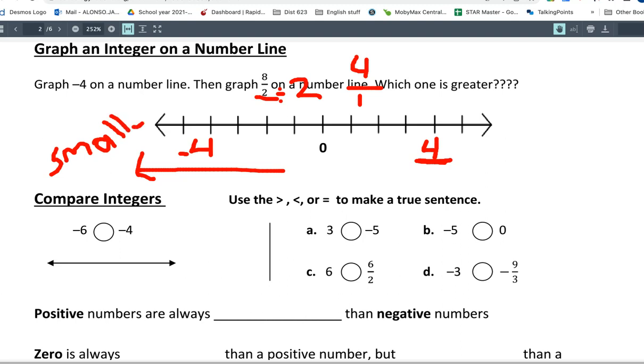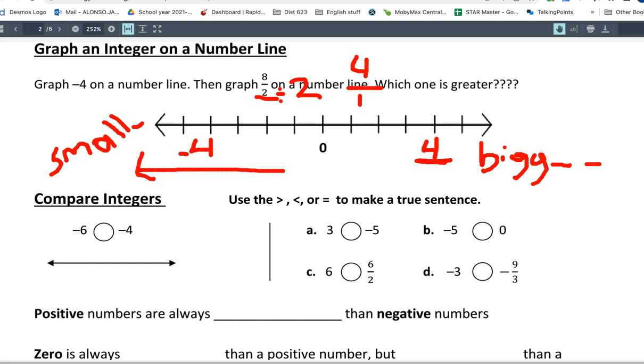So you're doing "er", and this one is bigger. So going this way is getting smaller. Going this way is getting bigger, right?